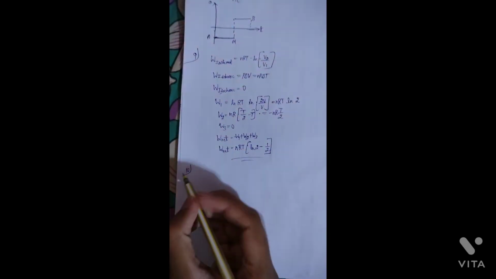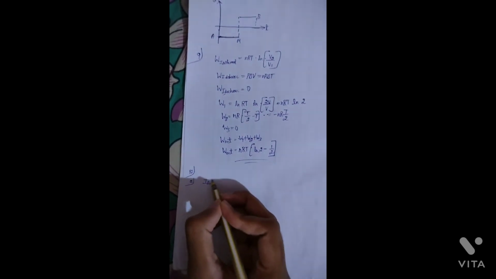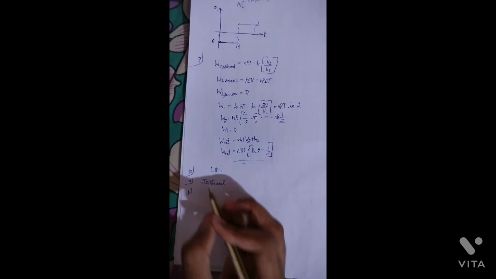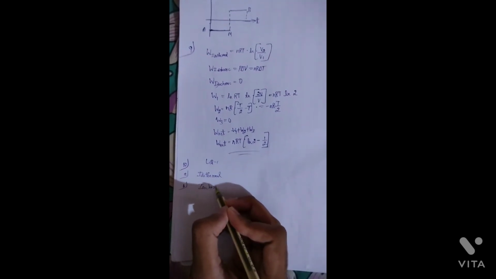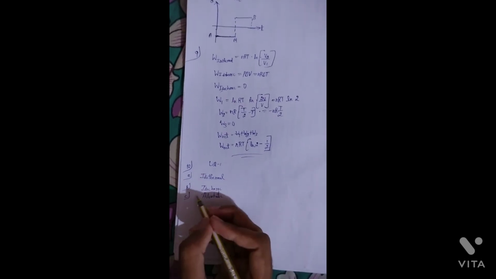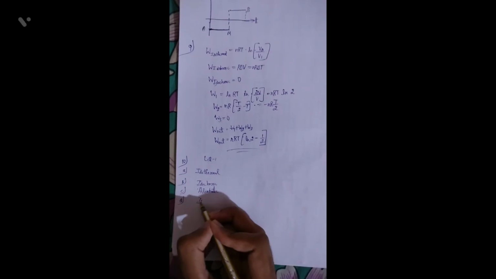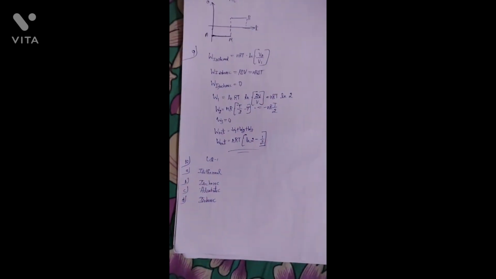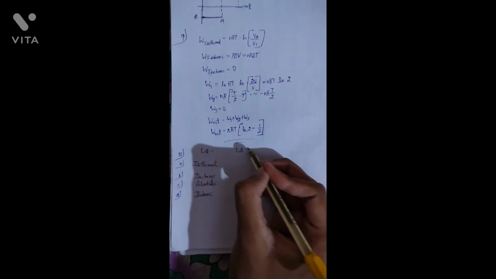In question number 10, they have given a match-the-following list. In list 1, the first one is isothermal, the second is isochoric, the third is adiabatic, and the fourth is isobaric. In list 2, they have given pressure constant, temperature constant, volume constant, and heat content constant.